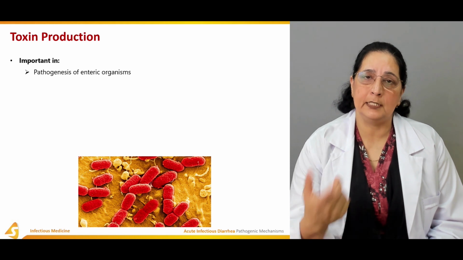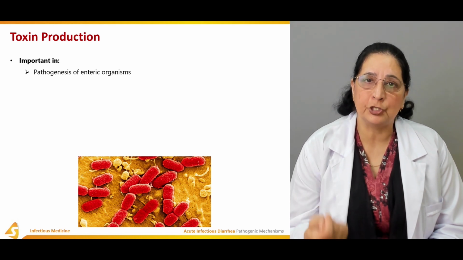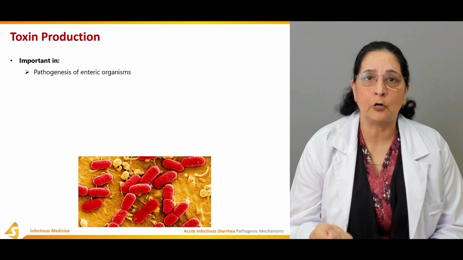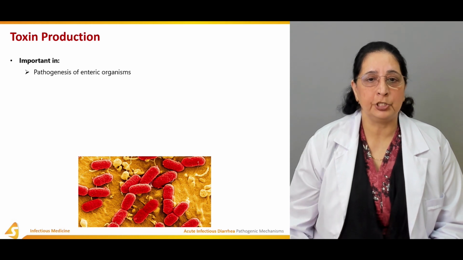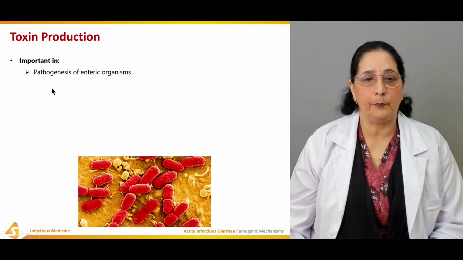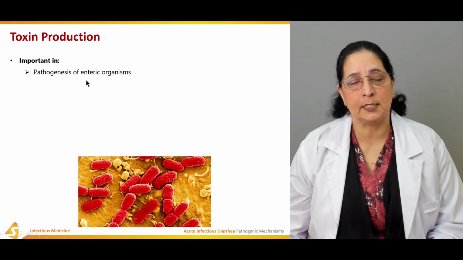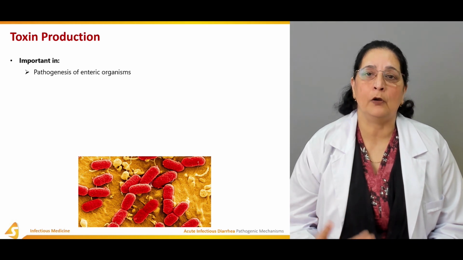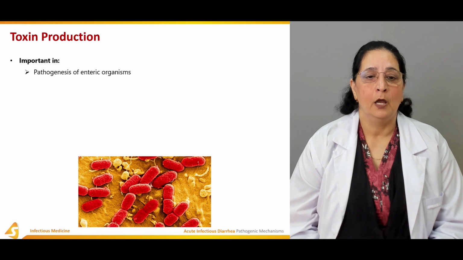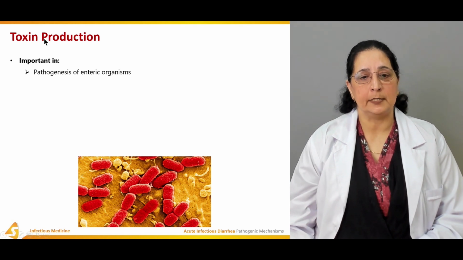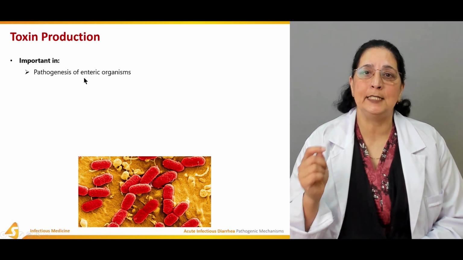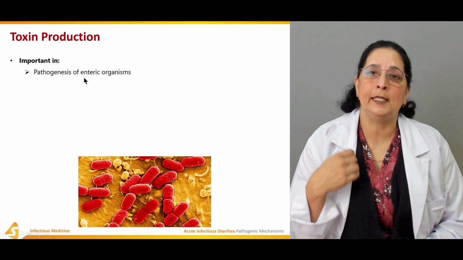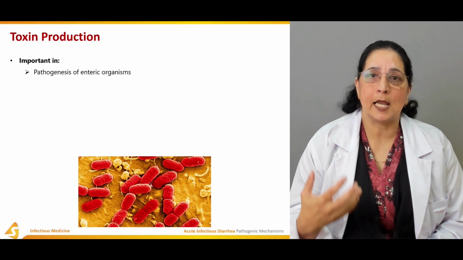Different microorganisms we mentioned produce cytotoxin, and they produce enterotoxin. So production of the toxin is very important in the pathogenesis, in the development of infectious diarrhea by enteric organisms. Enteric is anything pertaining to the intestine.